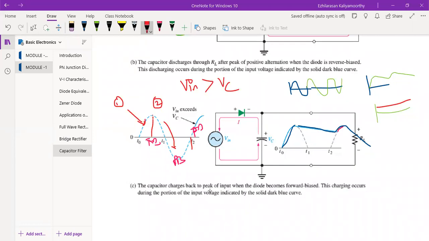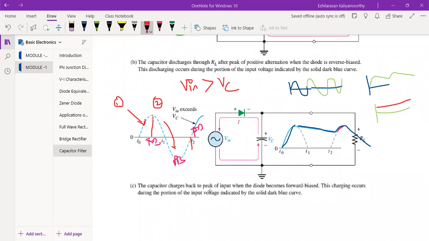As you can see, the capacitor quickly charges at the beginning of the cycle, correct, and slowly discharges through RL after the positive peak of the input voltage, during the reverse bias actually. So the variations in the capacitor voltage due to charging and discharging are called ripple voltage.